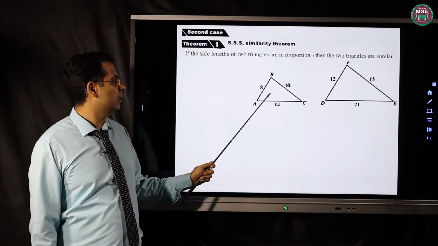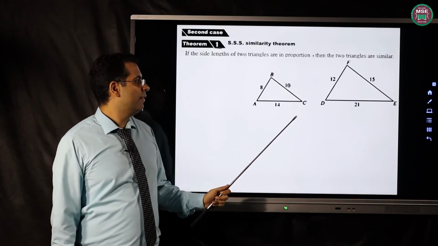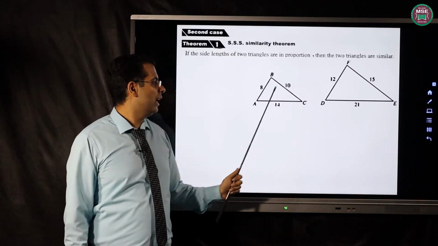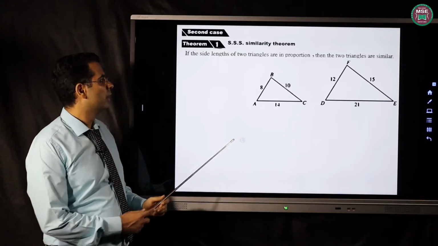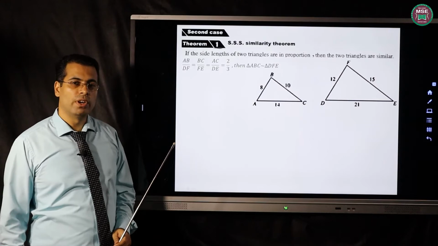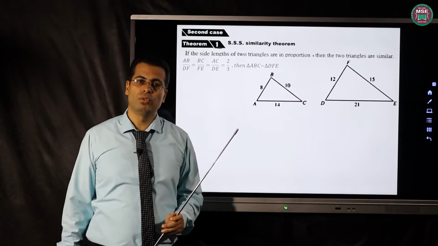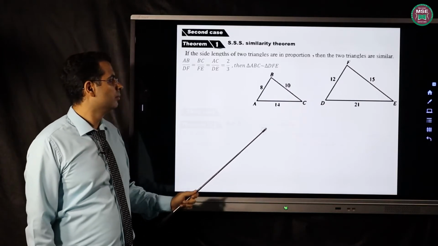If we divide 8 by 12, it gives the same ratio as 10 divided by 15 and 14 divided by 21. Each of them gives 2/3. Then the corresponding sides are proportional, and the two triangles are similar.